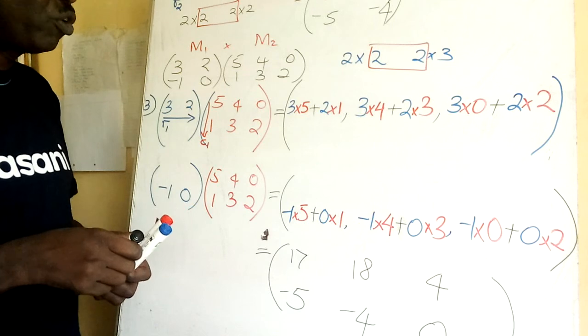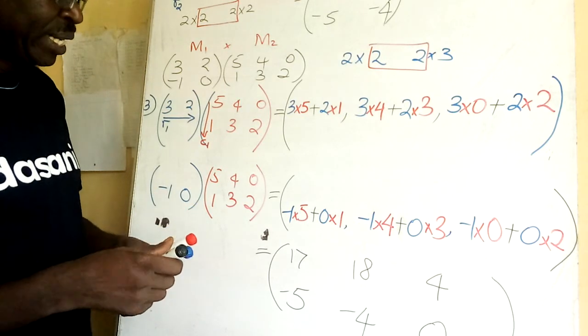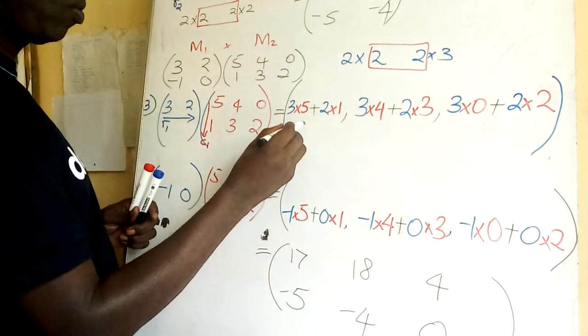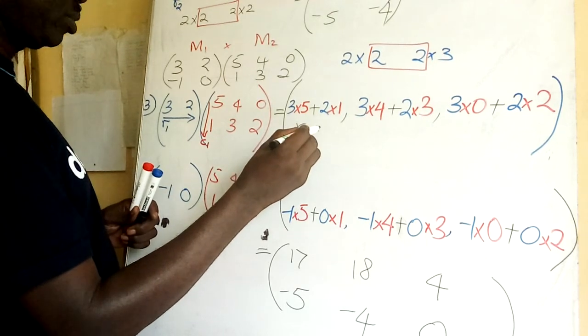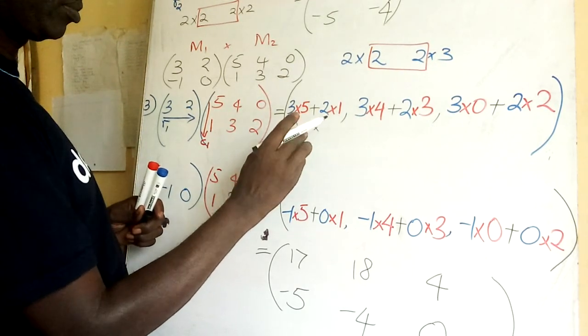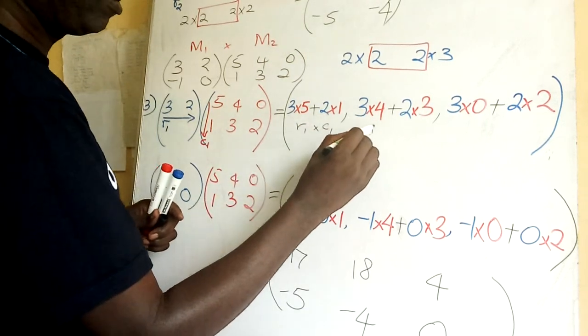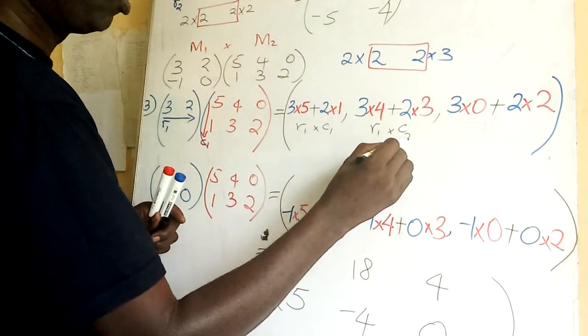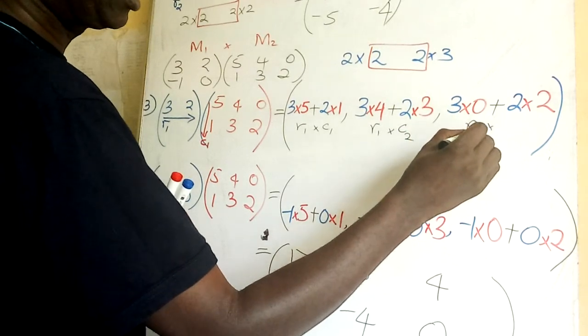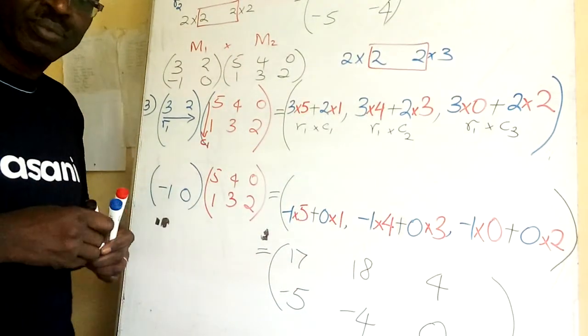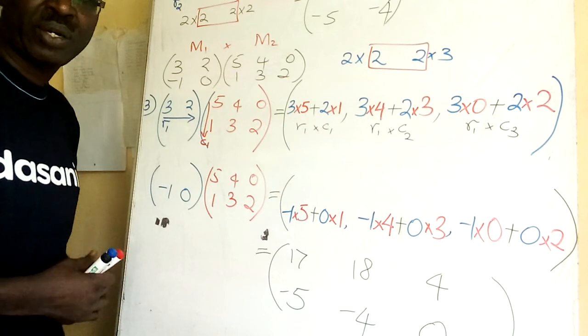So if you are following my teaching, this is R1 times C1. Then we shall have R1 times C2. Then we shall have still R1 times C3. If you are following, that is what I want you to get.